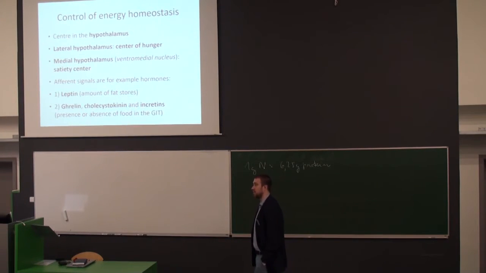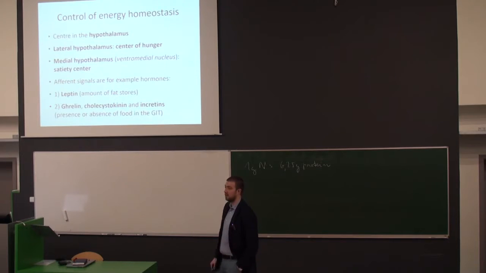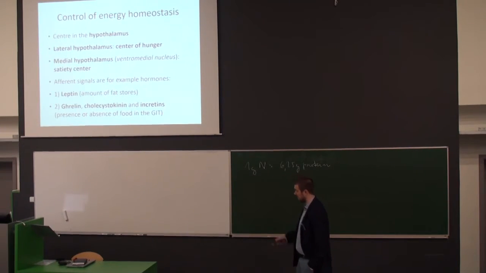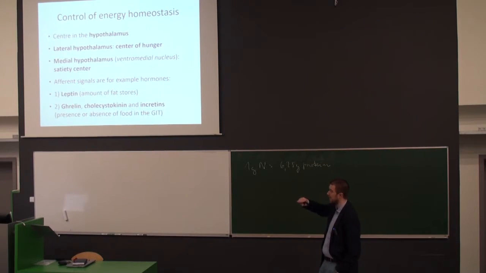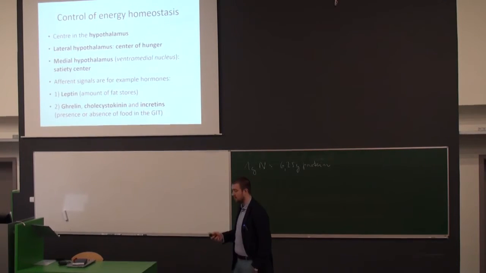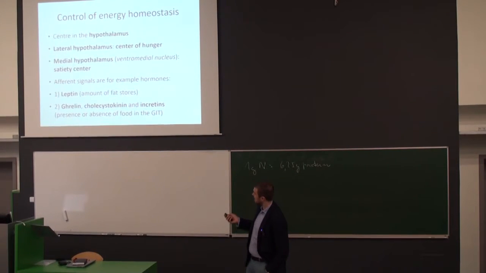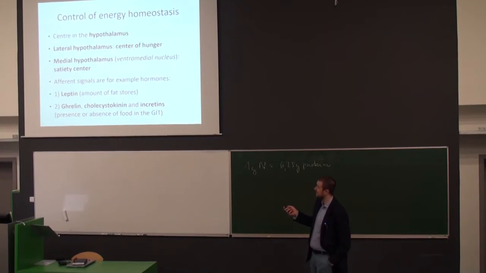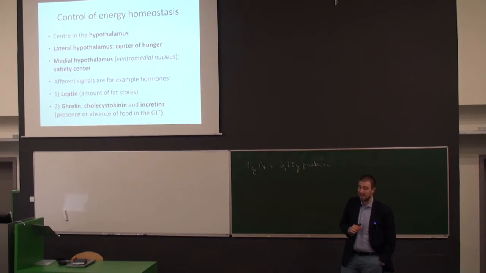In adults, we typically have the balance of this energy intake and energy expenditure. How is it controlled? It's controlled by our central nervous system. The center for hunger and satiety is inside our hypothalamus.